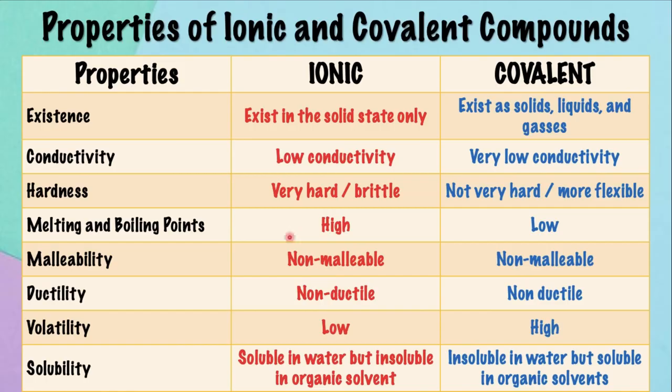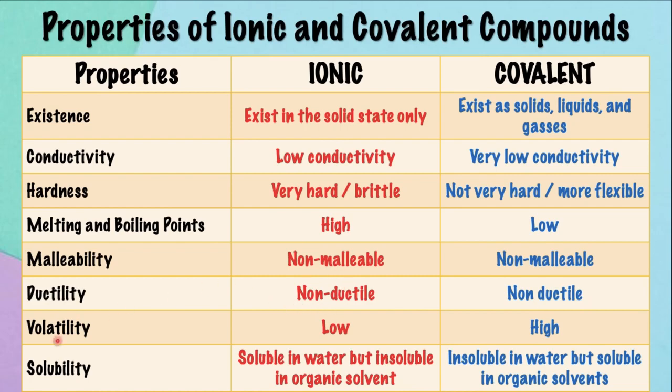Ionic has higher melting and boiling points than covalent. When it comes to malleability and ductility, both ionic and covalent are not malleable and not ductile. Covalent has higher volatility than ionic.